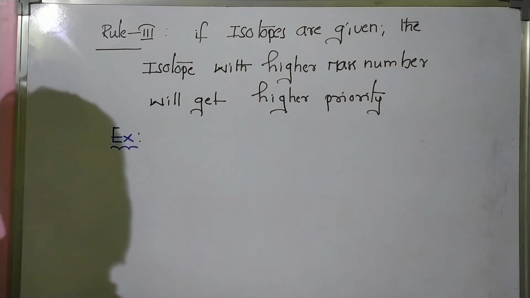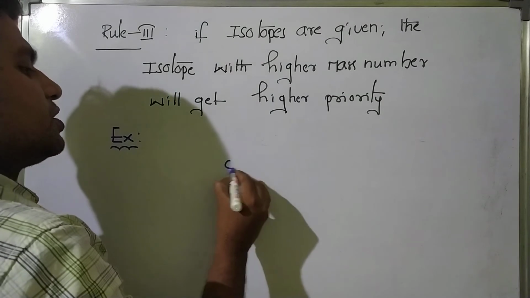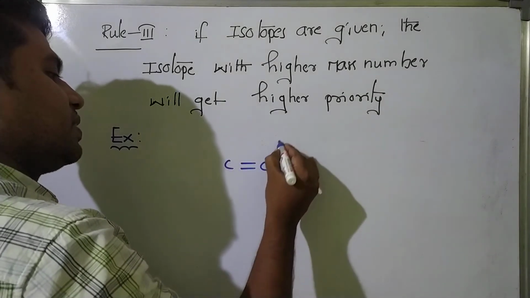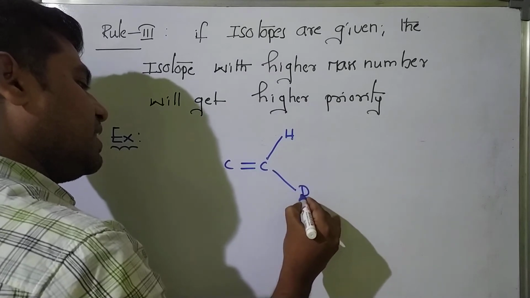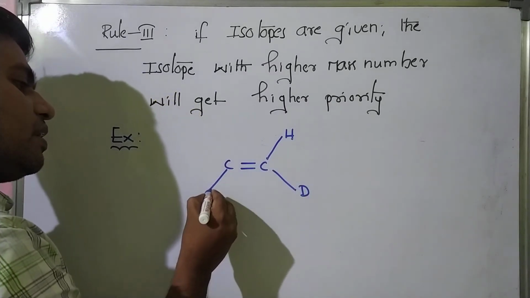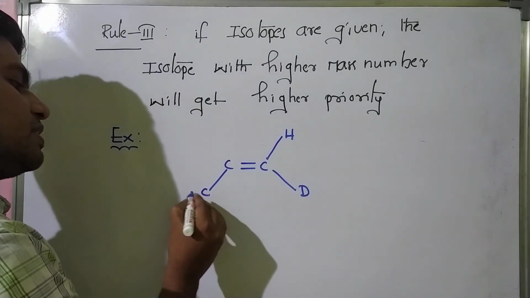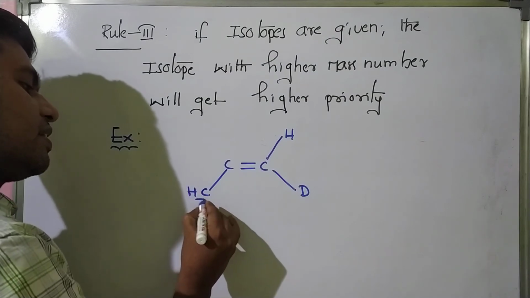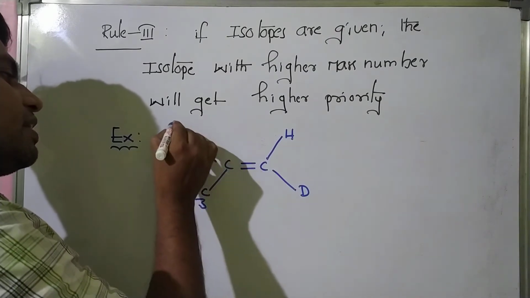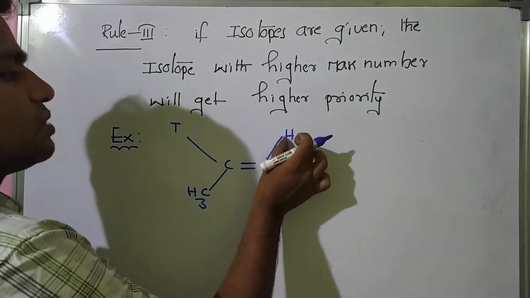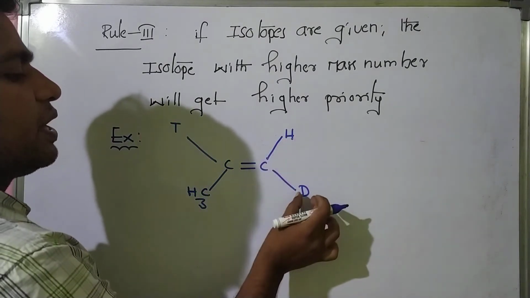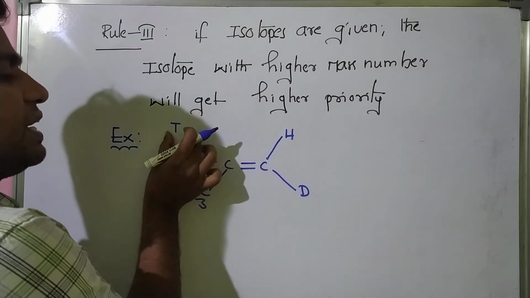Here is an example: C double bond C. Here hydrogen atom, here deuterium, here carbon CH3, here tritium. These are isotopes: protium, deuterium, and tritium.